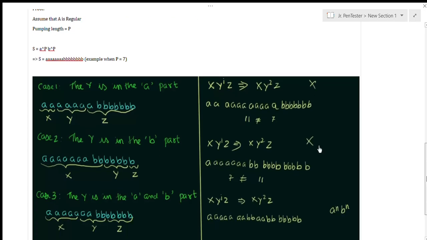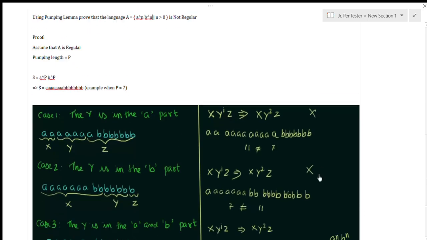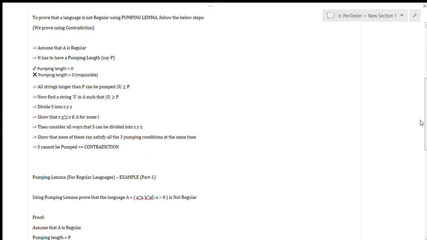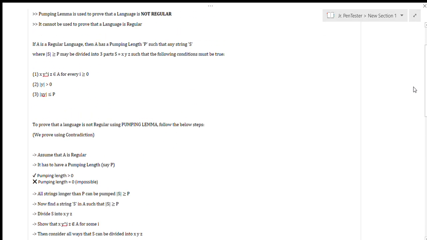But over here we have A's, then B's, and then again A's, which is not part of our language A. So the third case also fails the first condition.